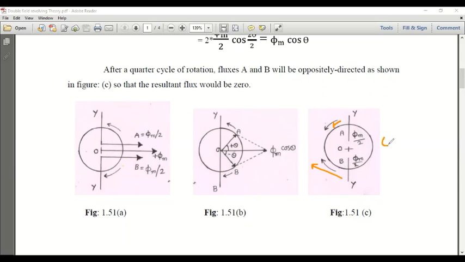Therefore, the resultant flux phi r is equal to 0. That is phi m by 2 minus phi m by 2.